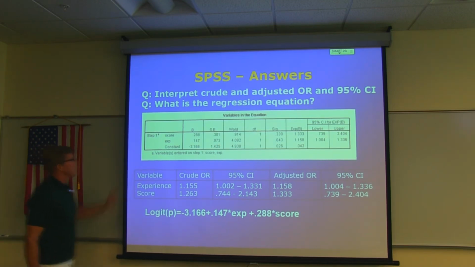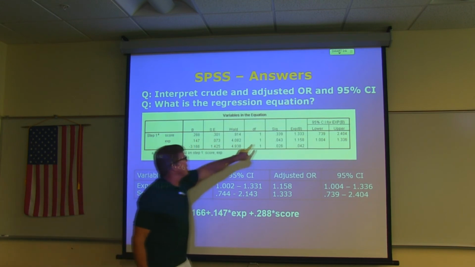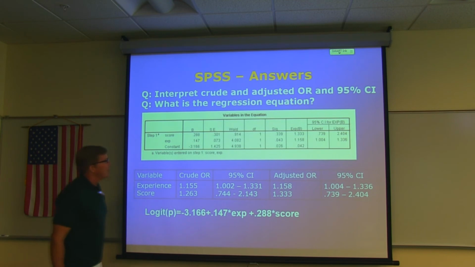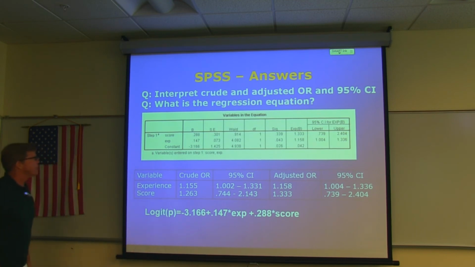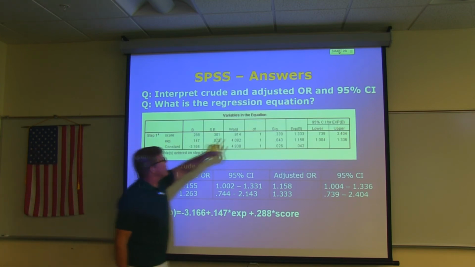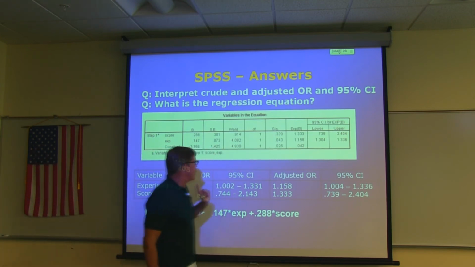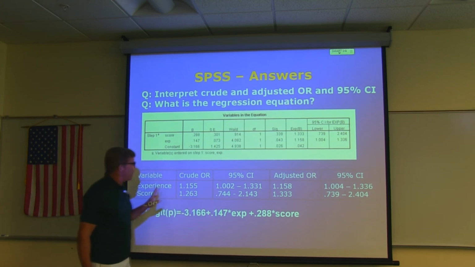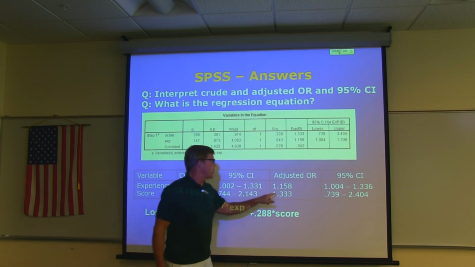And so what this is saying is that not a whole lot of effects of other confounding variables with this particular IV, with experience. And we see experience is significant at alpha 0.05, so P is 0.043 for the IV score. A little bit more, first of all, score is non-significant. P is greater than alpha, and we see a little bit more discrepancy, but not that much, between crude OR and the adjusted OR.